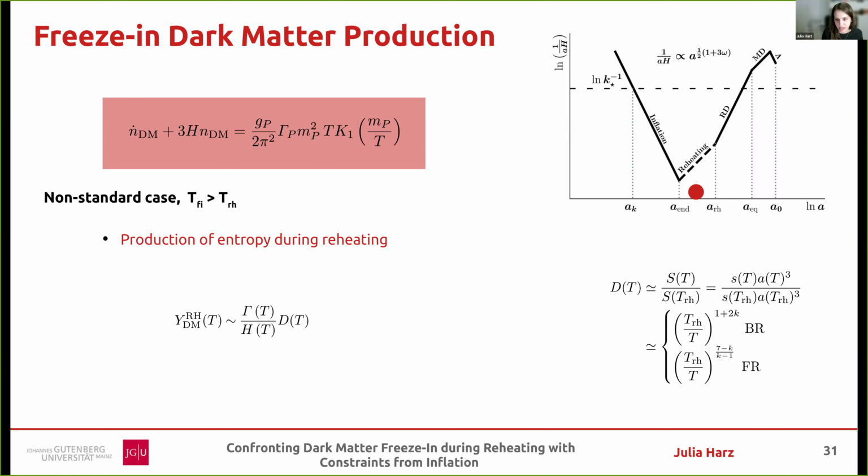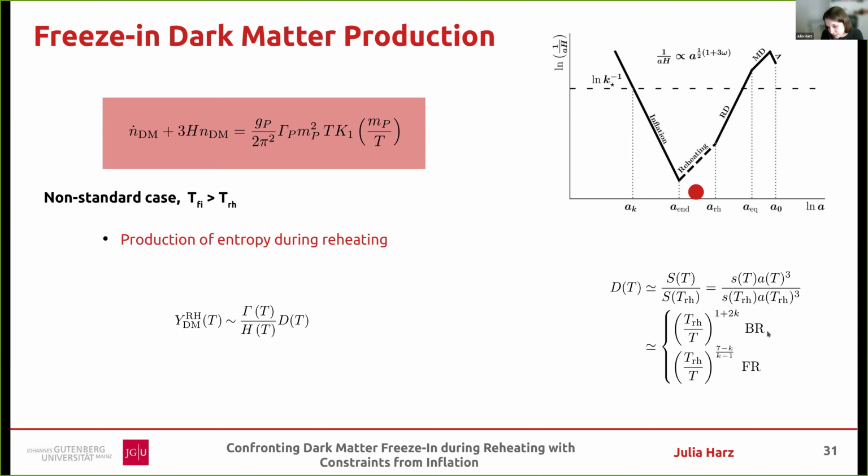First are dilution effects. Where do they come from? As was already mentioned, from the inflaton, I basically pump entropy into radiation, and this leads to a dilution of the rate, roughly. So I can write it down: this is the entropy with respect to the entropy at reheating.